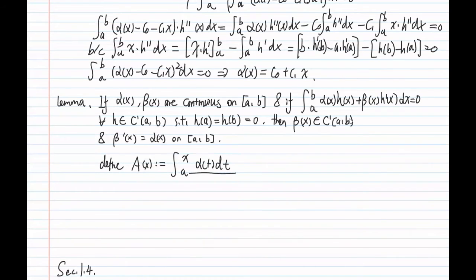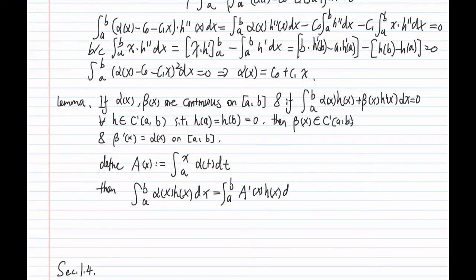Because it has a derivative of alpha, which is continuous, right? So then we can take care of this part and rewrite it as something else. Then the integral from a to b of alpha x h x dx, this would equal to what? This would actually equal to the integral of A prime x h x dx.